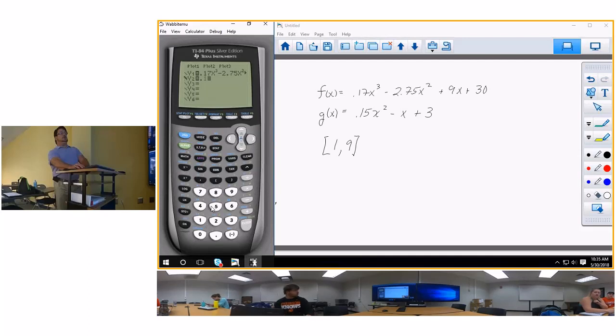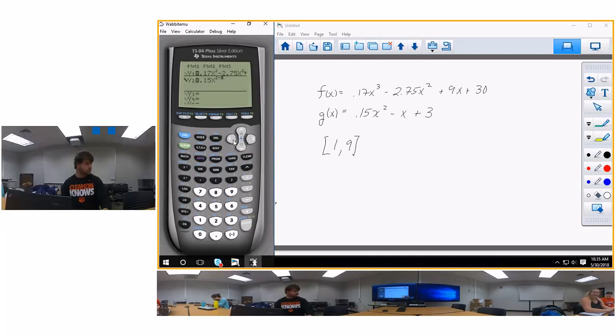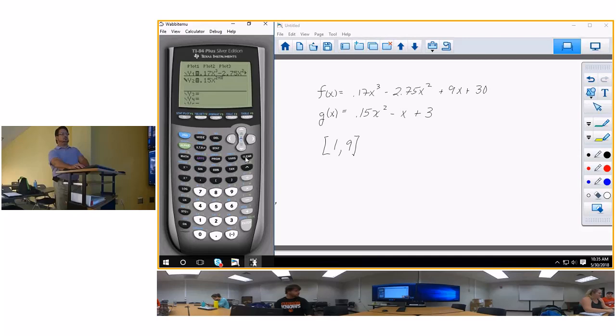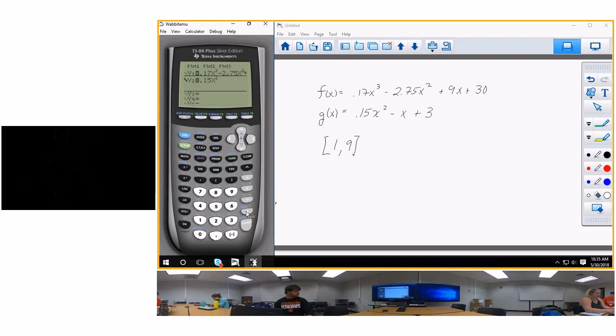0.15x squared minus x plus 3. And graph.